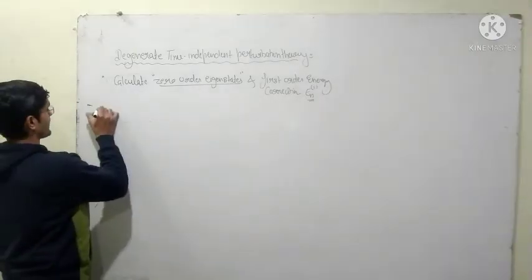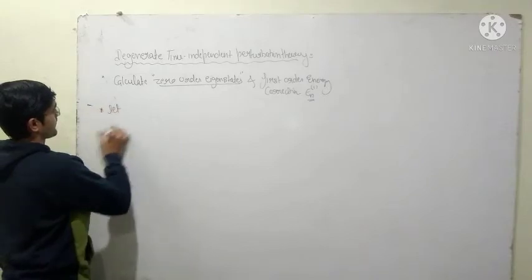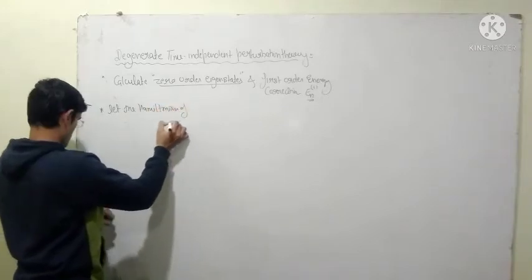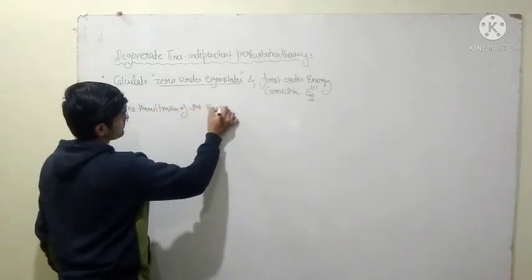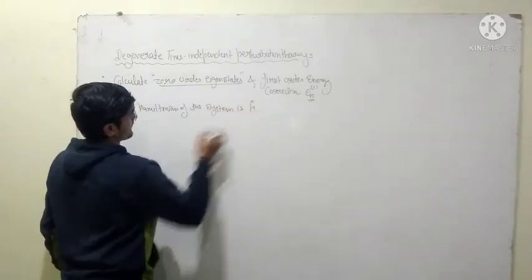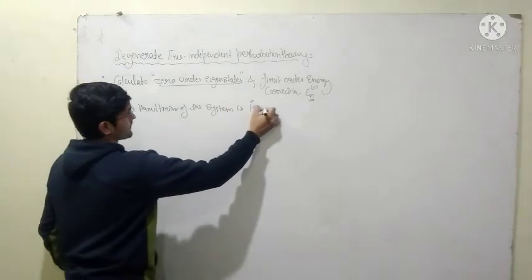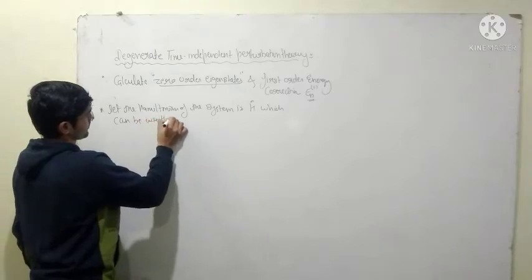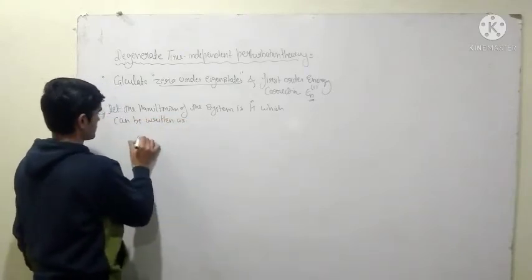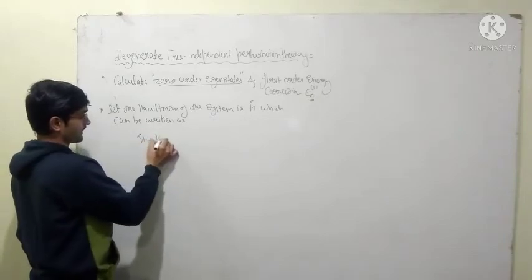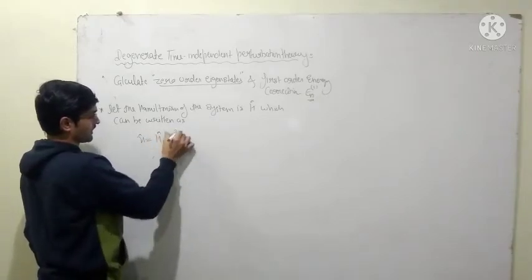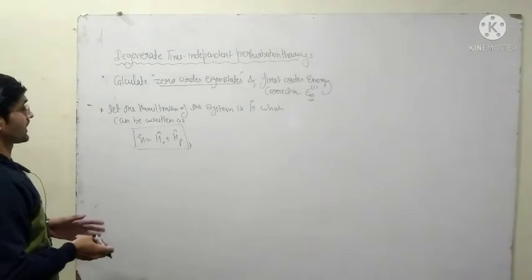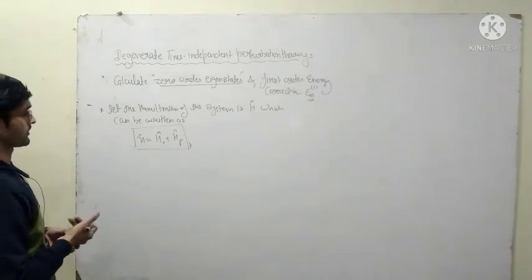Now let us suppose the Hamiltonian of the system is H hat, which we assume can be written as H naught plus H p hat. Again, it is the same story that I told you at the start of the derivation of time independent perturbation theory for the non-degenerate case.